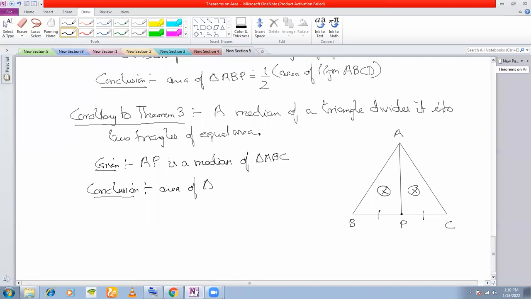Area of triangle ABP must be equal to area of triangle APC. Very important theorem: the median always divides the triangle into two triangles of equal area.